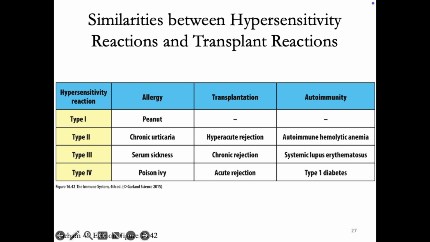Chronic rejection has a lot in common with a type 3 hypersensitivity response. The type 3 hypersensitivity response was immune complex disease. So that's where we had free antibodies and antigens that were forming immune complexes and blocking things like blood vessels and causing some kind of damage.